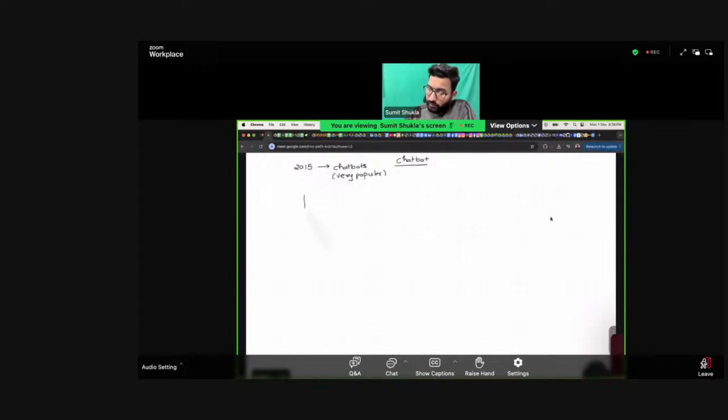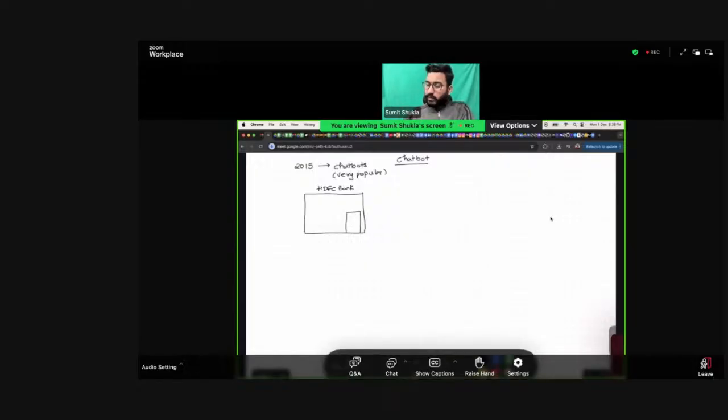If I look at the example of a banking website, let's say this is the website of a bank, let's call it HDFC Bank. In this website, you will see a pop-up on the lower right side, which is basically the chatbot.